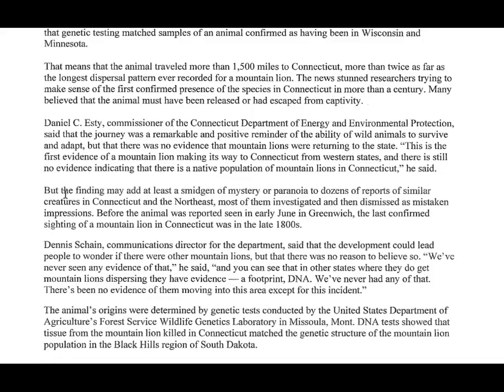This is the first evidence of a mountain lion making its way to Connecticut from western states, and there is still no evidence indicating that there is a native population of mountain lions in Connecticut, he stated.